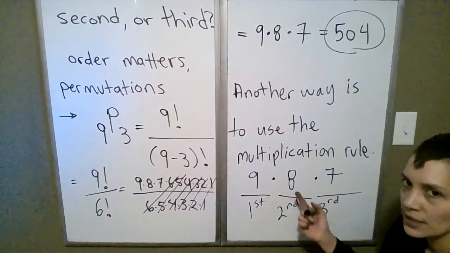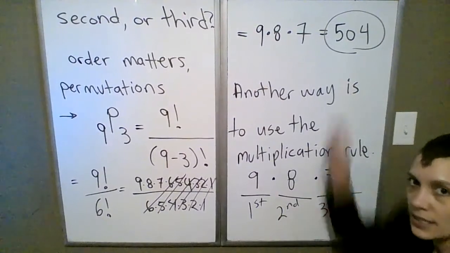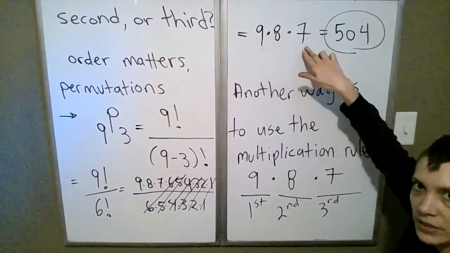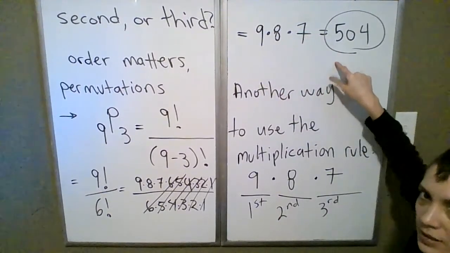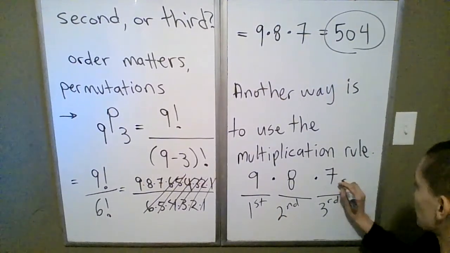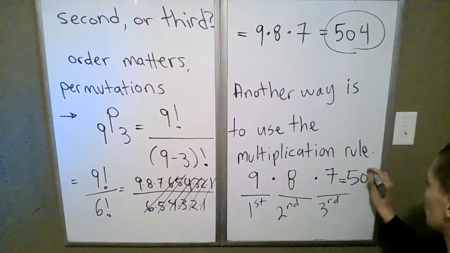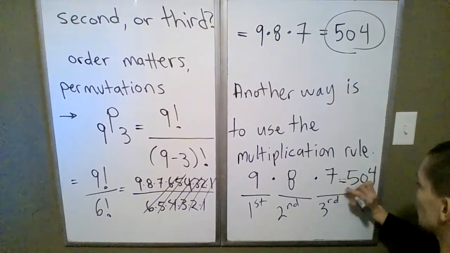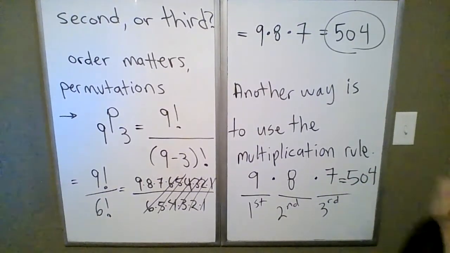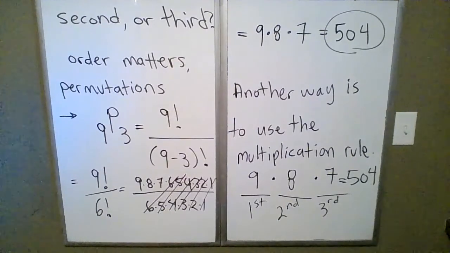So after carefully thinking through the multiplication rule, I get to the same result as with permutations. 9 times 8 times 7, which is 504. Okay, let's try another.